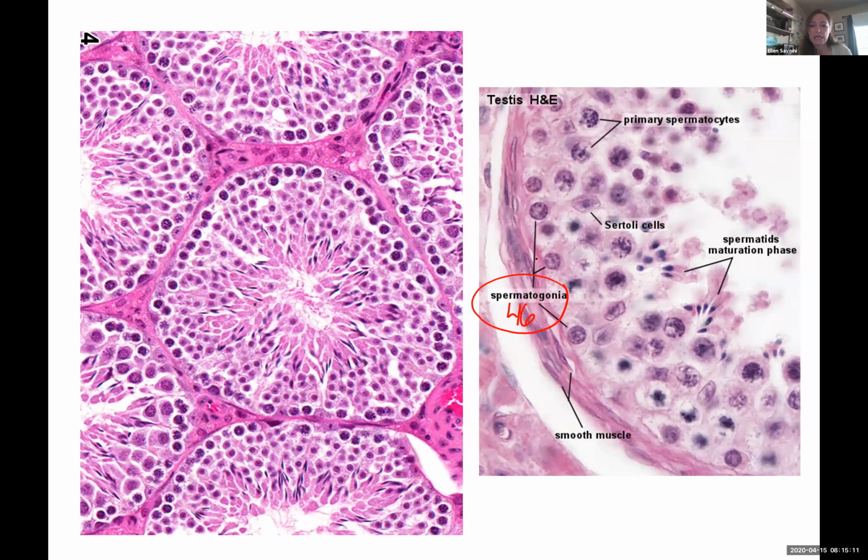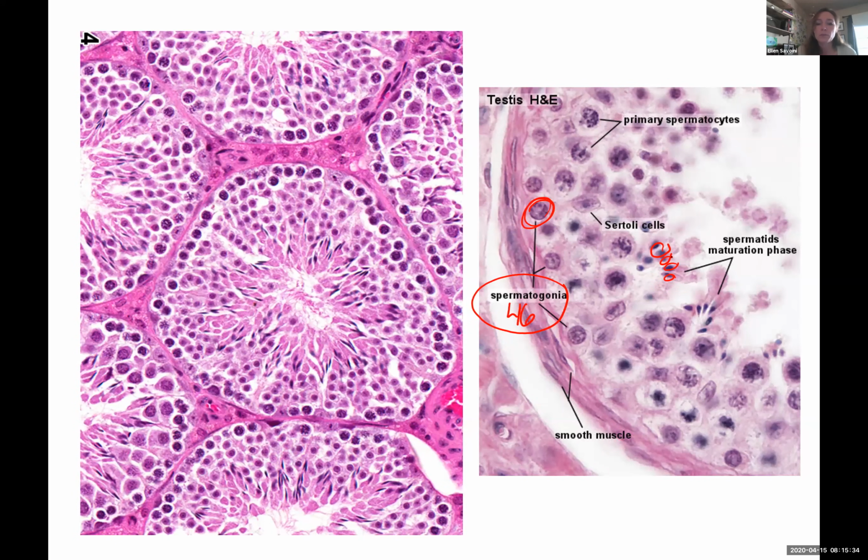It's the beginning cell. Each one of these will go through meiosis. So a single spermatogonia is going to undergo the meiosis process to ultimately make 4 tiny little sperm cells. That's what we're going to end up with.